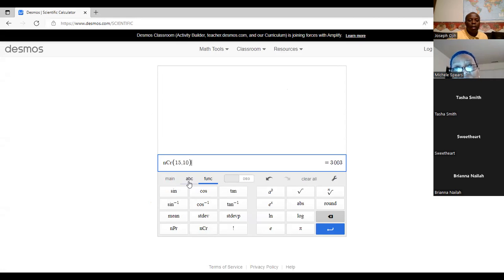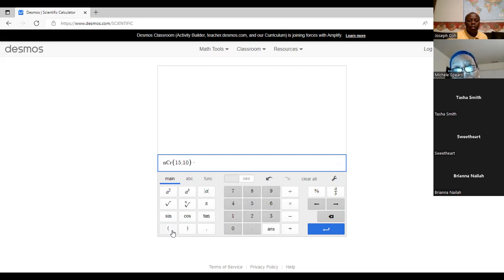Times 0.70 raised to the power 10, times 0.30 raised to the power 15 minus 10. 15 minus 10 is 5, right?